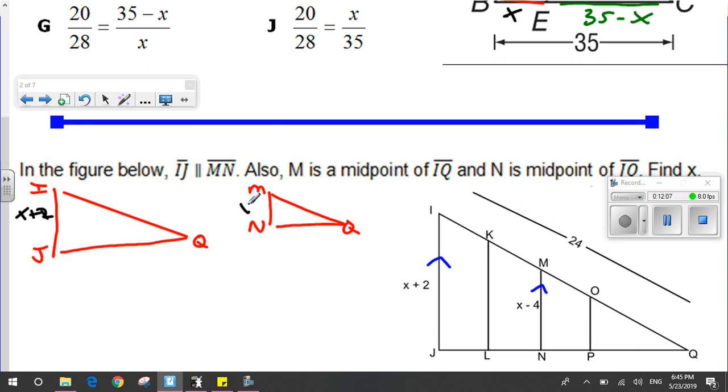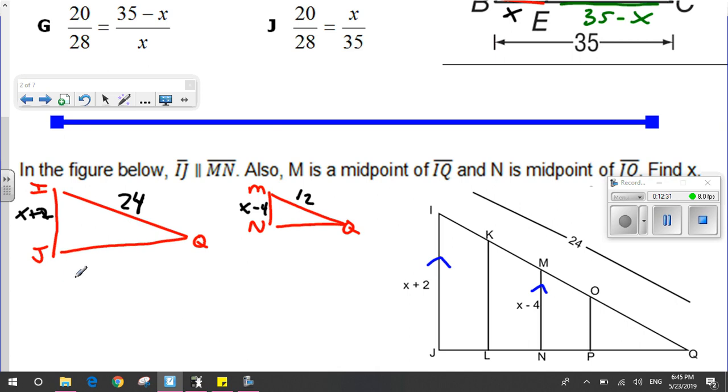And this is X minus 4. So if I to Q is 24, that means M to Q is 12. And then again, I to Q is 24.